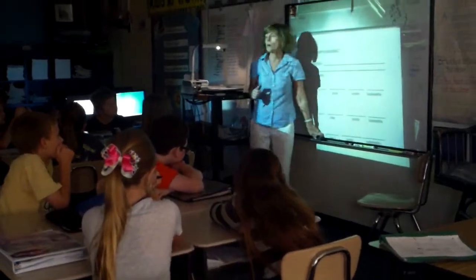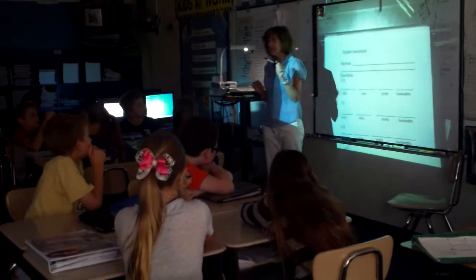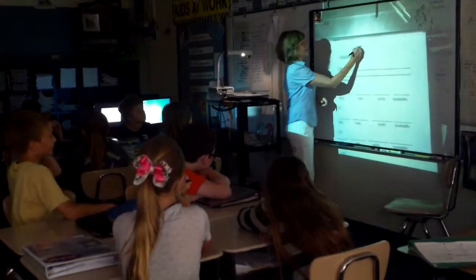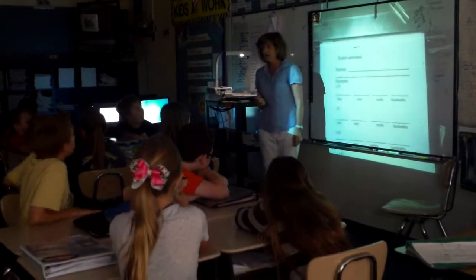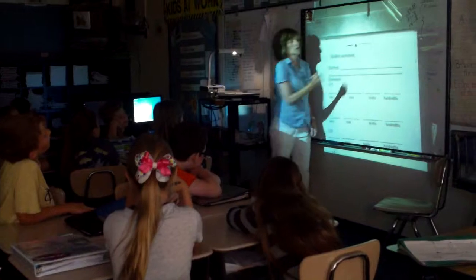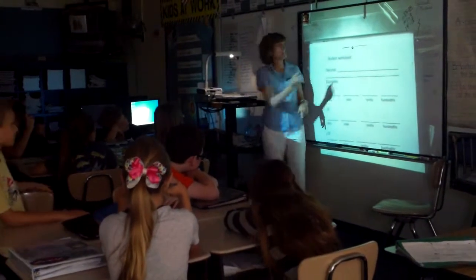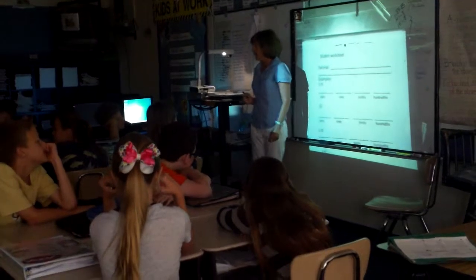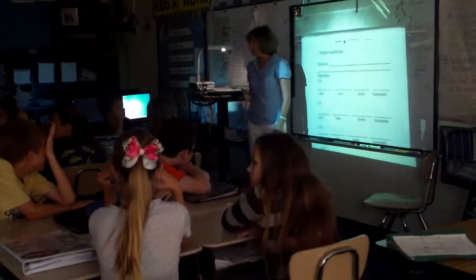So somebody said that a decimal is a number that has a whole part, and then it has a decimal point, and then it has digits after the decimal point, or to the right of the decimal point, right?